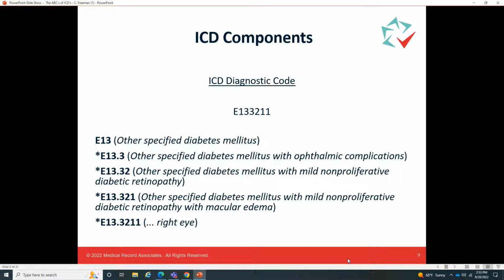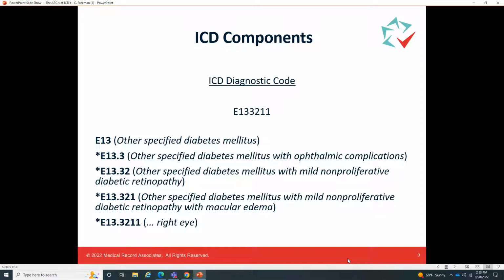An example of a diagnostic code is as follows. E13.3211. E13, other specified diabetes mellitus. E13.3, now we have with ophthalmic complications. We get a little bit more detailed next.